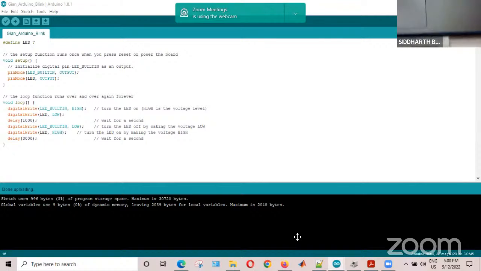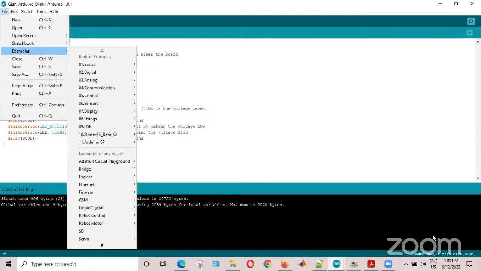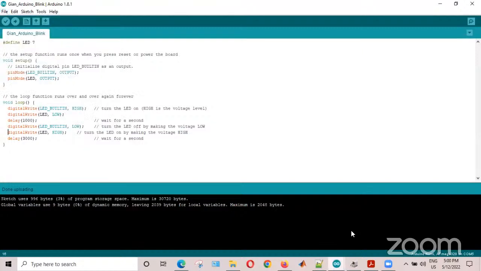Now again we will move to Node MCU, and then we'll see the project description on Node MCU. Similar code we can work with on Node MCU also. I have made that code also.